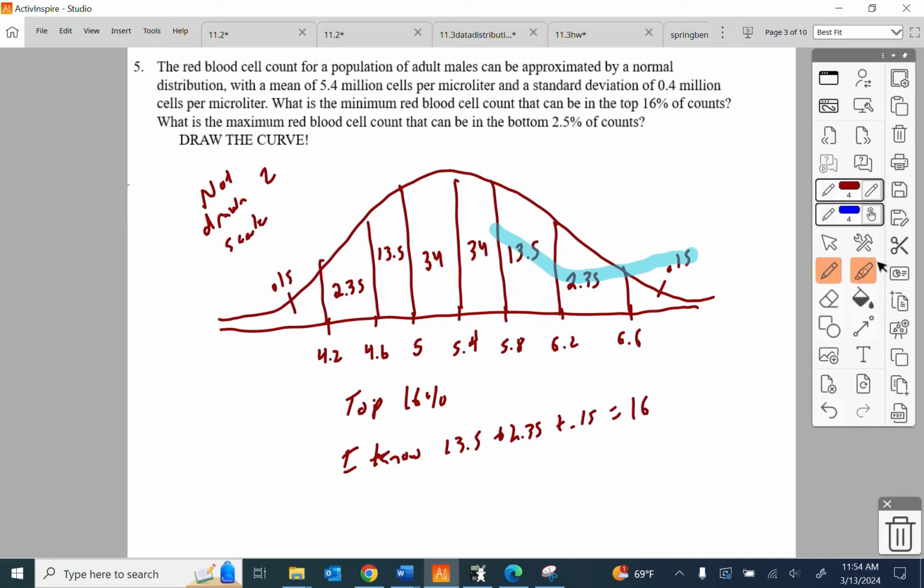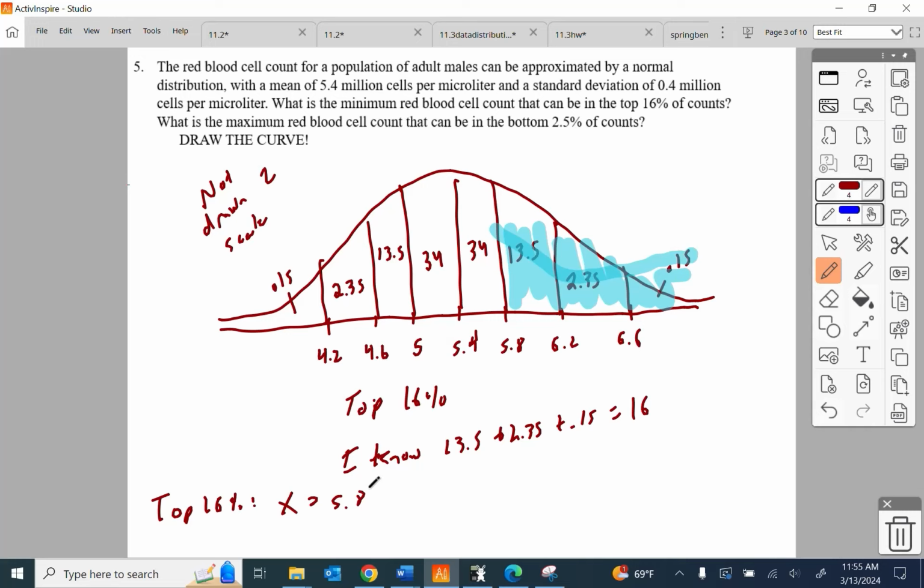So I'm looking at all of this. What is that? That is going to be blood cell counts above 5.8 million cells per microliter. So when I talk about my top 16%, I'm talking about values, we'll just use X, being bigger than 5.8.